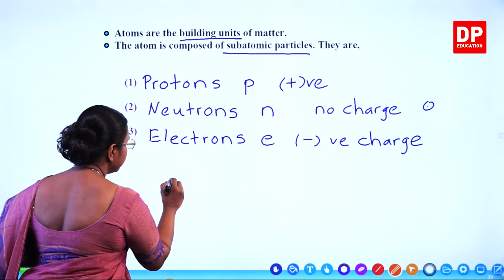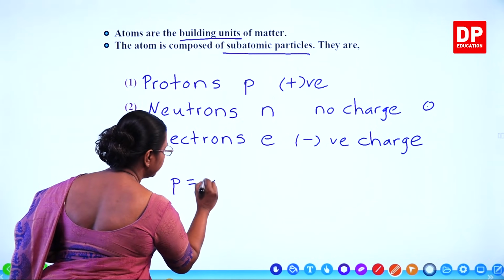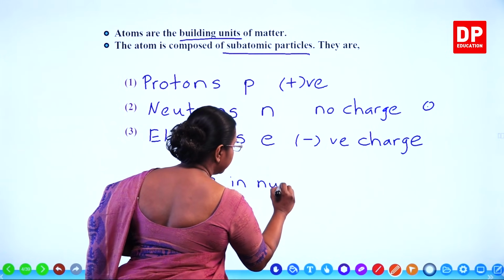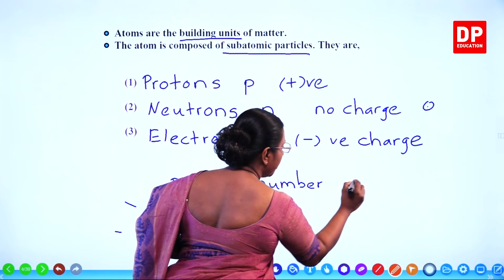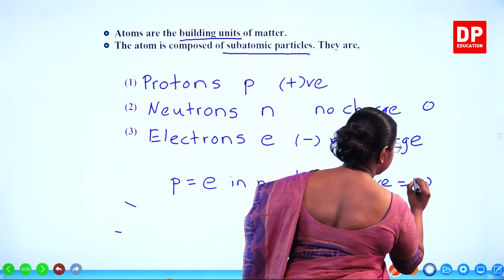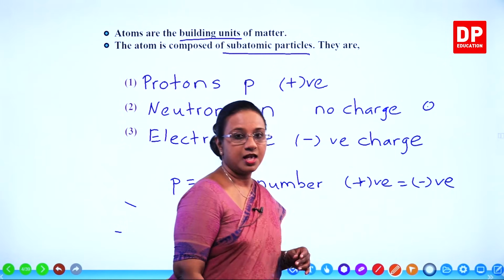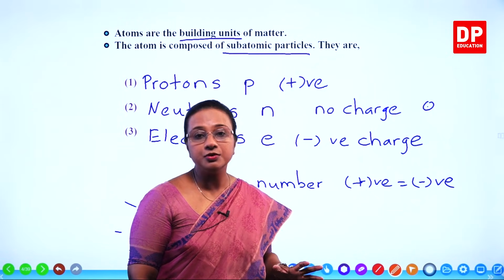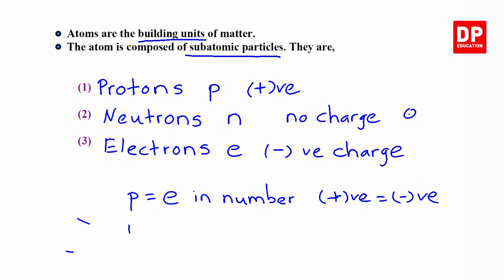So because the protons are equal to electrons in number, the number of positive charges is equal to negative charges. Therefore, atoms are electrically neutral. Therefore, you have to remember atoms are electrically neutral.